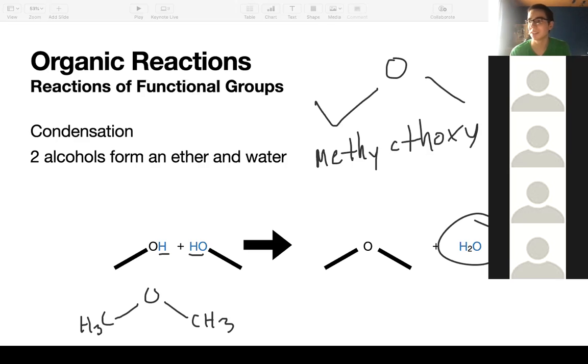But I think it's easier saying ethyl methyl ether. And I guess if you look both of them up, you should come up with the same chemical. So I guess it's up to your preference. I'm not too sure what he'll have on the exam.